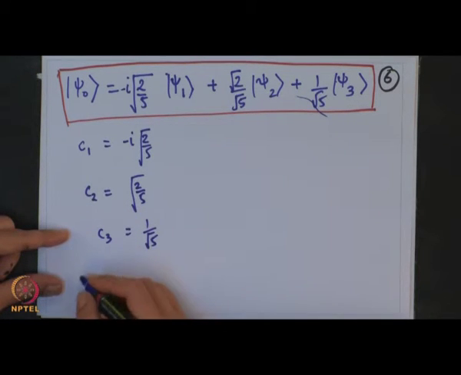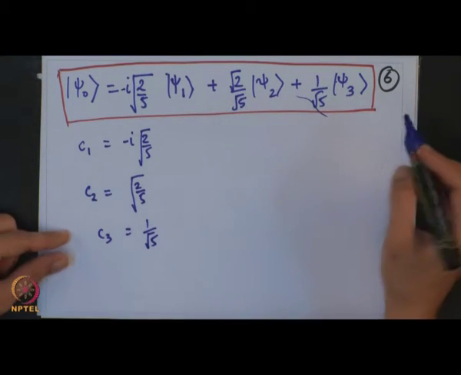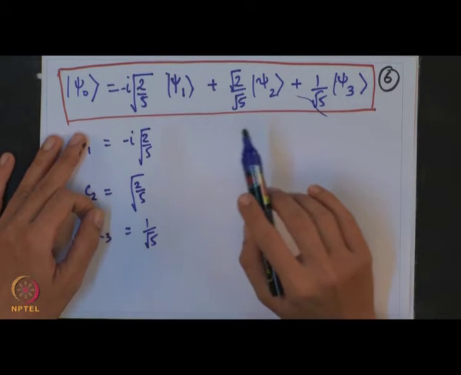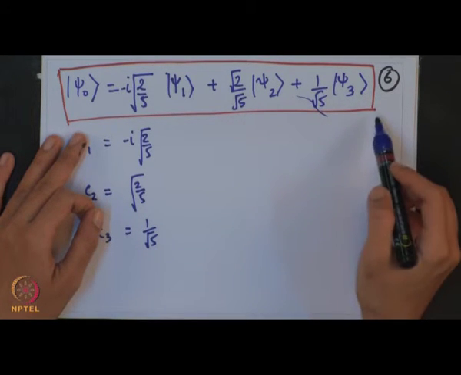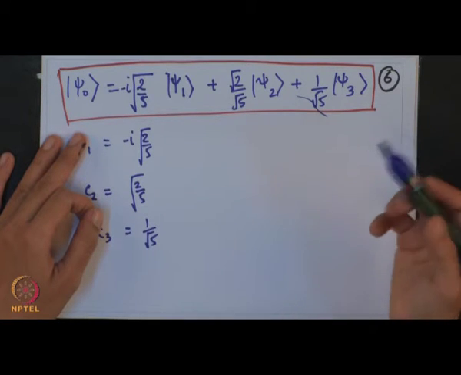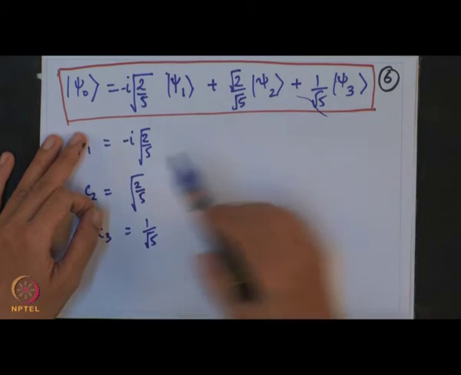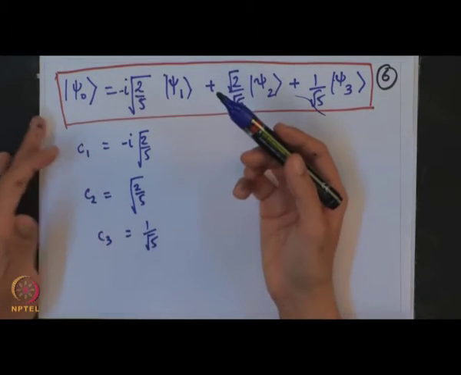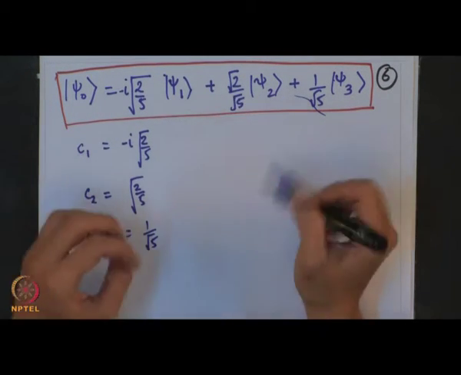So, what will be the probability of finding the particle? Remember, this set of eigenvectors I have obtained in this manner; you may get a different set of eigenvectors wherein the coefficients C1, C2, C3 may be different in your case. It may be swapped.